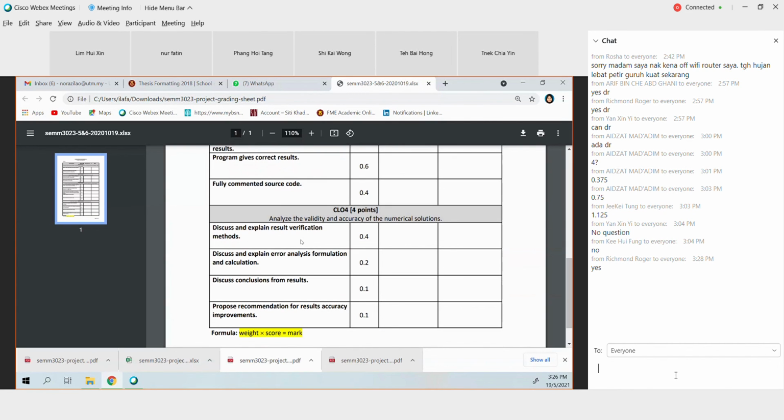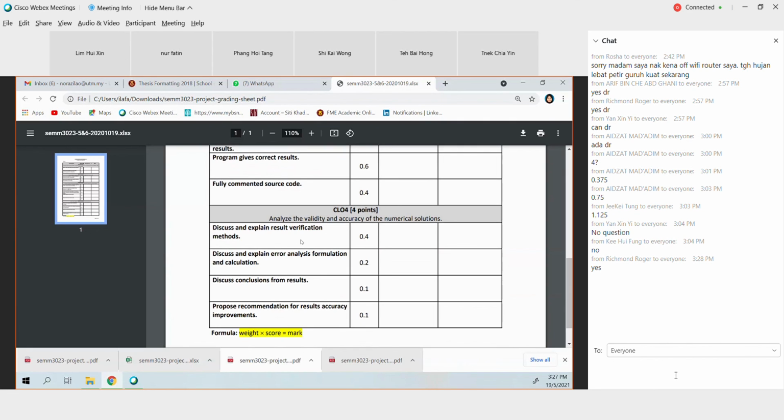And then you need to analyze the validity and accuracy of the numerical solution. You may compare between the methods, compare with the calculus method, and so on. When you discuss, you need to refer to the figure, refer to the table, so please use a proper caption. Again, proper caption. If not, when I read your report, I'm not sure where your figure or table is.